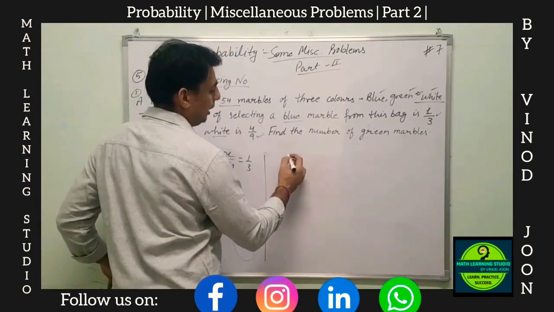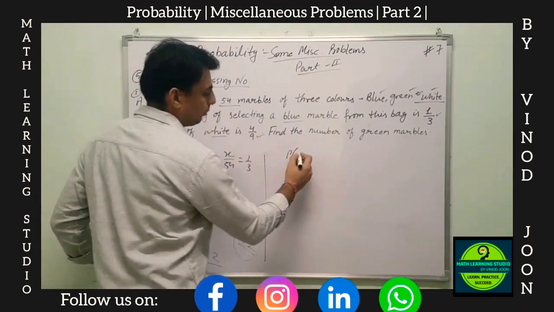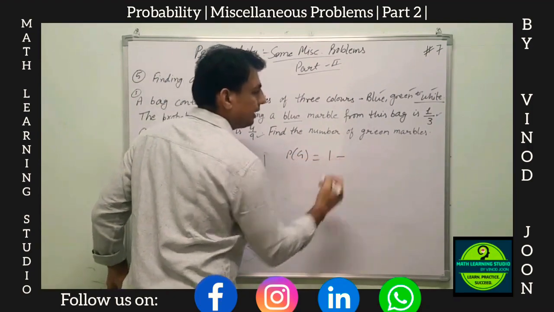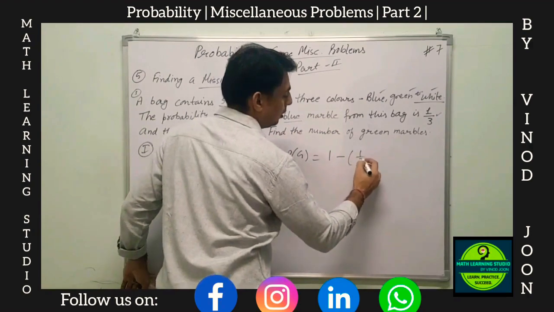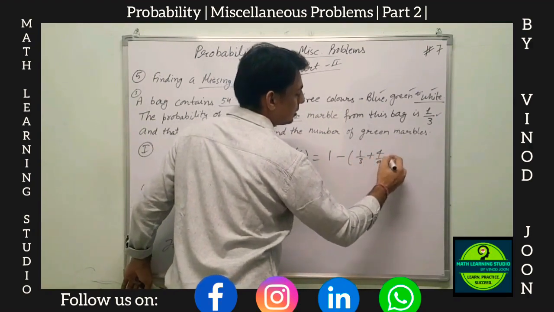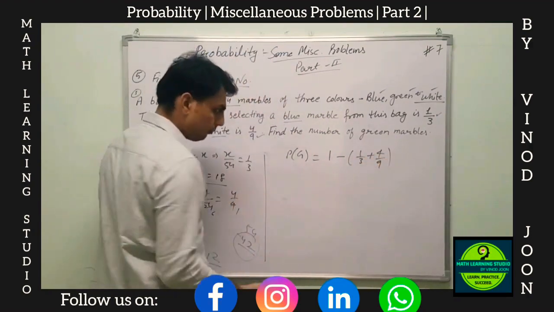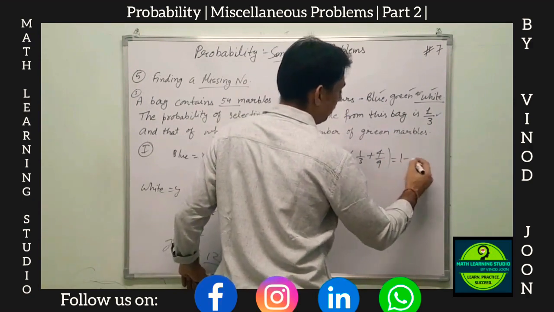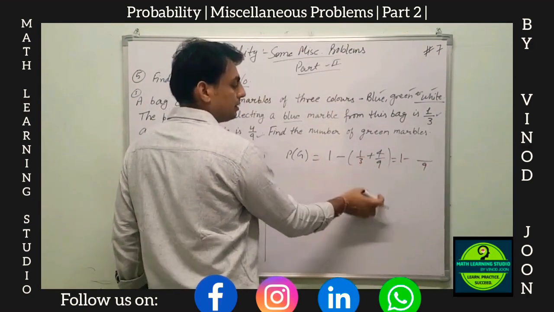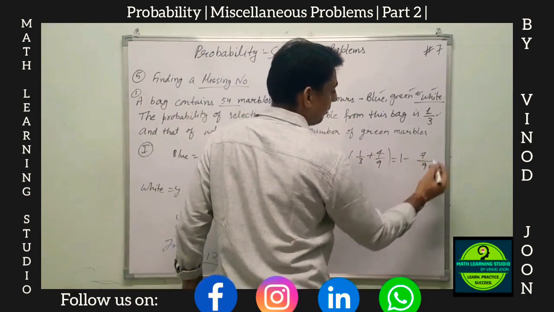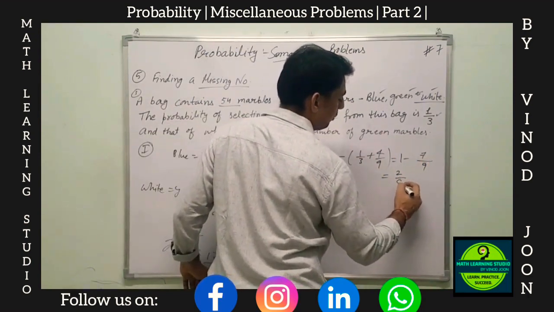So we know that. So we can find the probability of green as 1 minus these two numbers, 1 by 3 plus 4 by 9. Okay, and it will be 1 minus, 9 will be the LCM, and 3 3s are 9, plus 3 plus 4, so 7 by 9. So it can be, you can say 2 by 9.